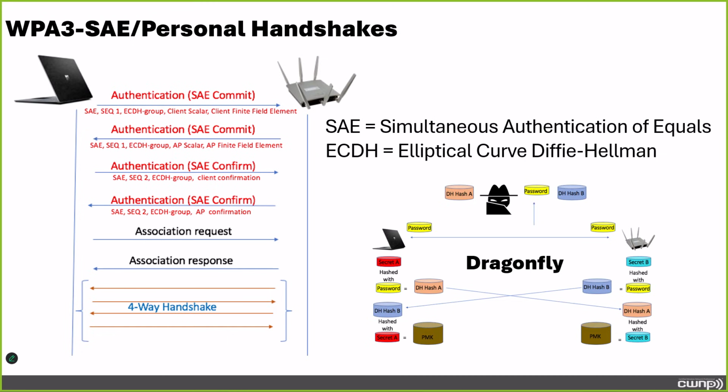And what that does is it makes it so we have what's called perfect forward secrecy, because basically breaking something today doesn't break everything in the past, because every time we go through that SAE handshake, we're generating different results, even though we start with the same passphrase.